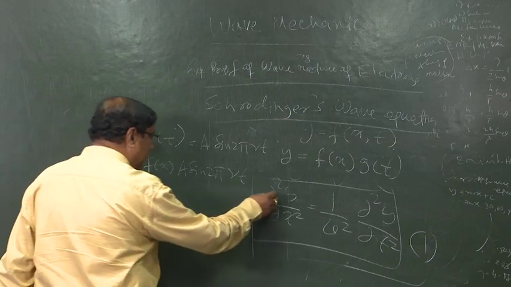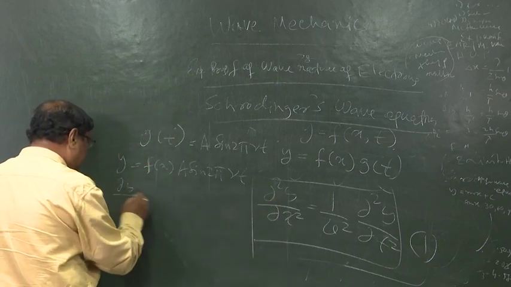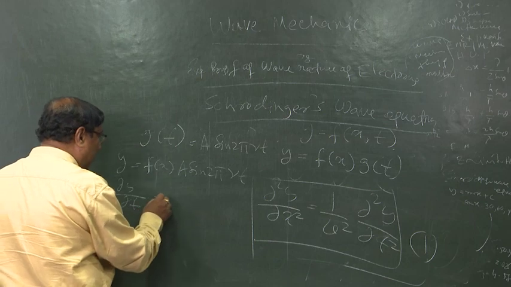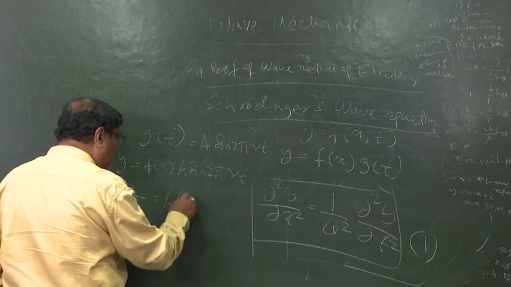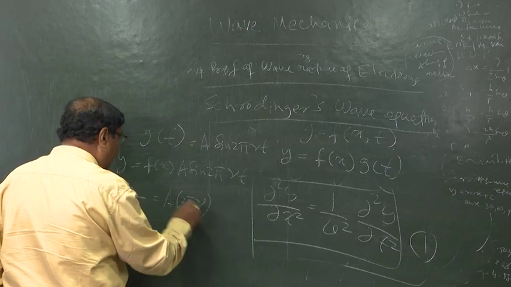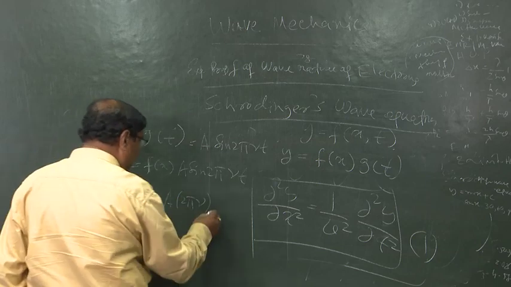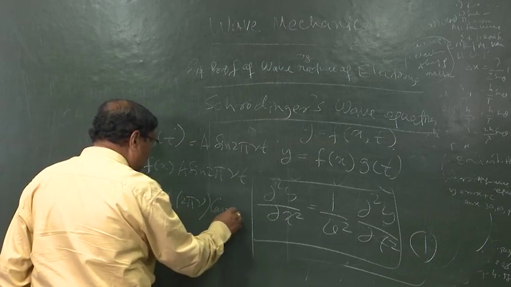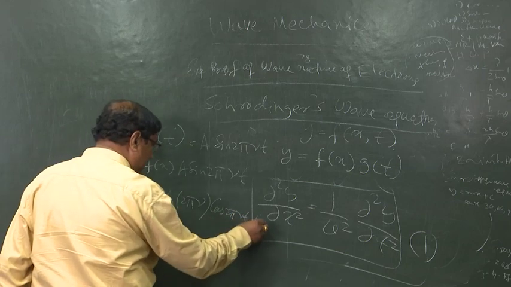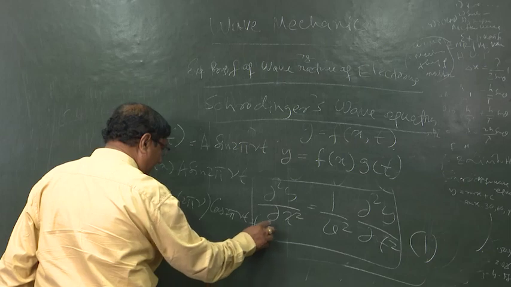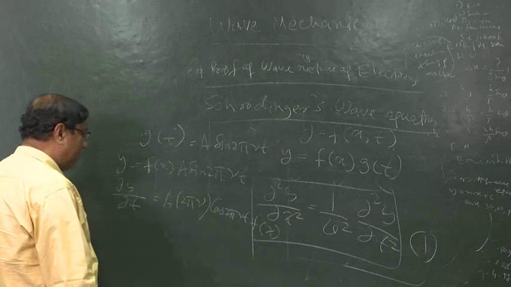Now you differentiate this with respect to t. So dy by dt, we will get 2 pi a mu cos 2 pi mu t into f(x).